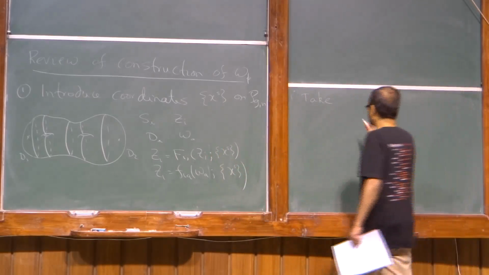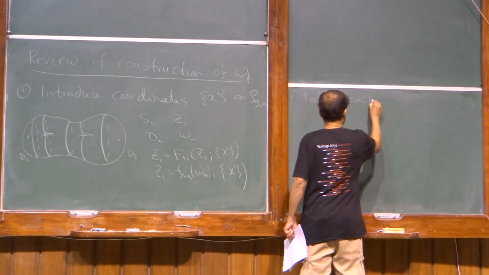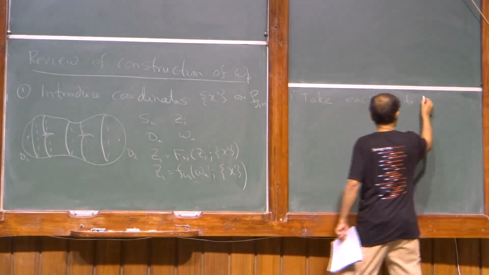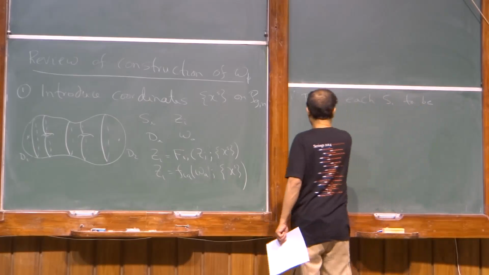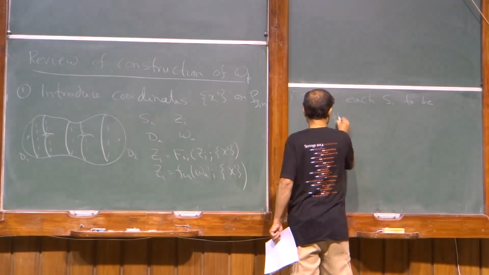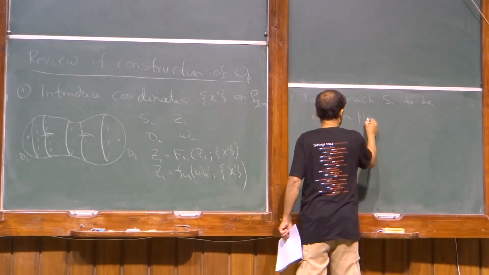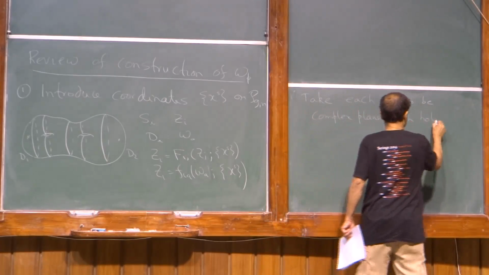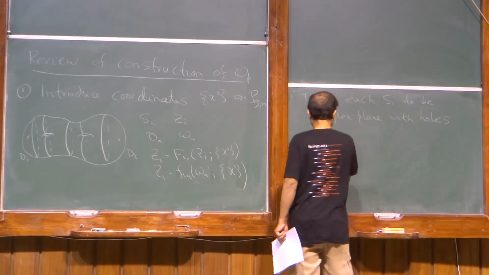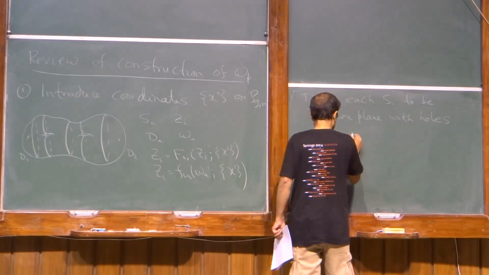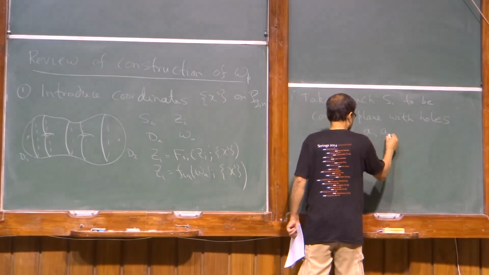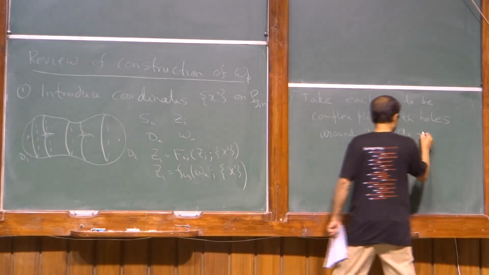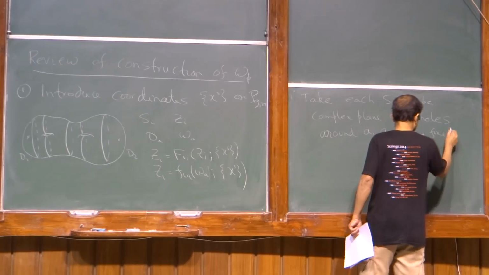So take each Si to be complex plane with holes around 3 fixed points. These are fixed, we are not going to change them.